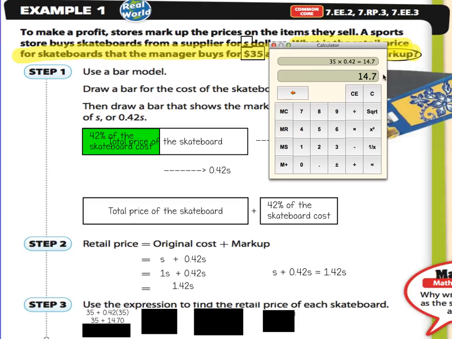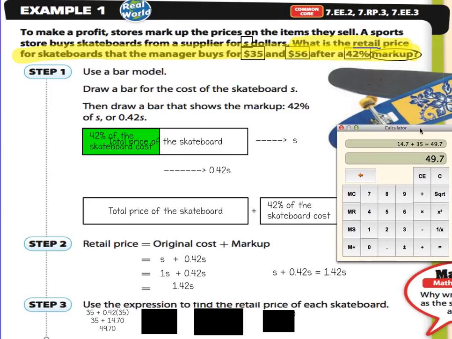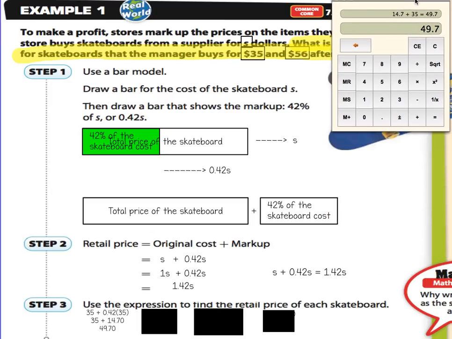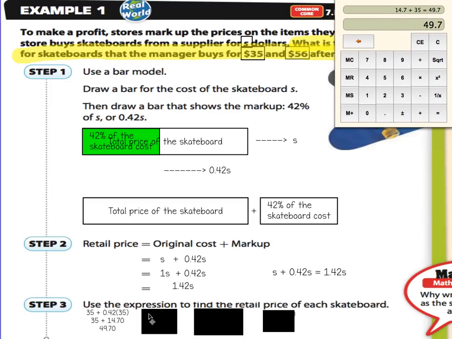Remember, we have to add that 0 to the end because it's money. Now I'm going to add that to the original cost, which was $35, and I get $49.70. So the retail price, what the manager is going to sell it to us for, is $49.70. That's using this expression right here.